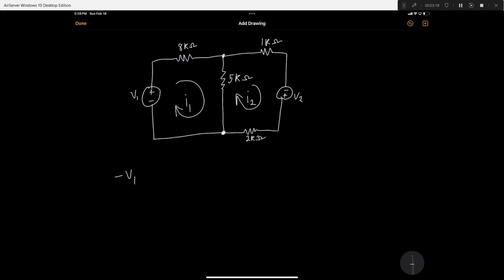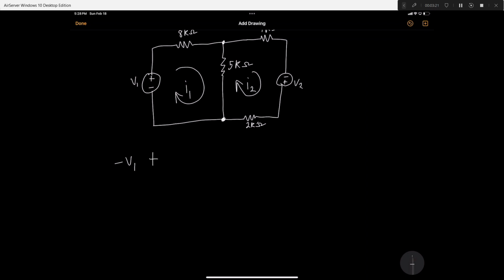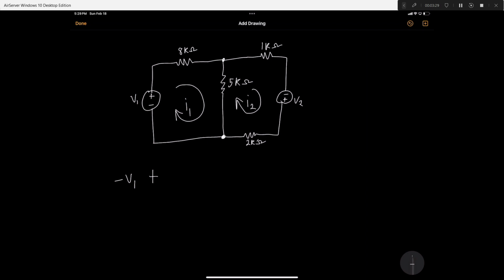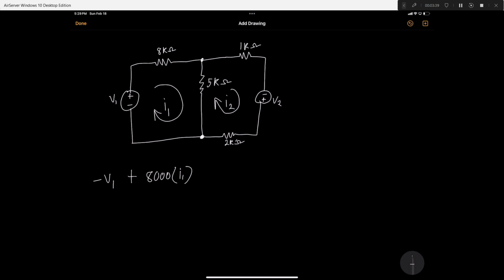And then plus, right? We need to find the voltage across the 8 kilo ohms, which is voltage equals resistance times current. So the resistance is 8,000 times I1. Then the next one in the loop is 5,000 kilo ohms.